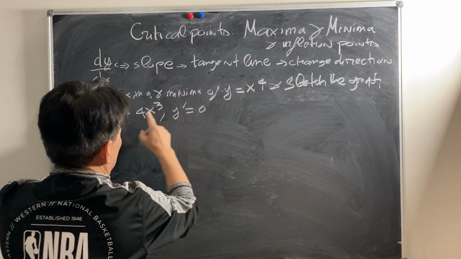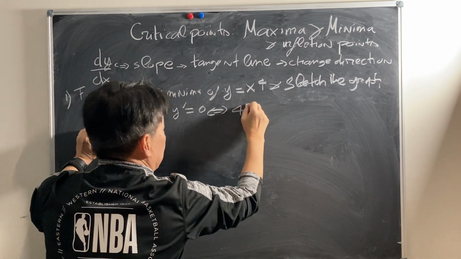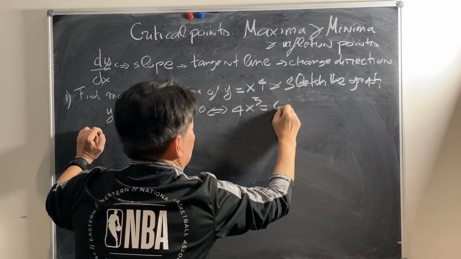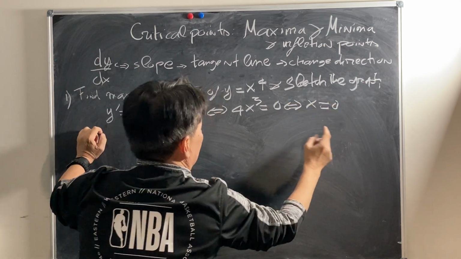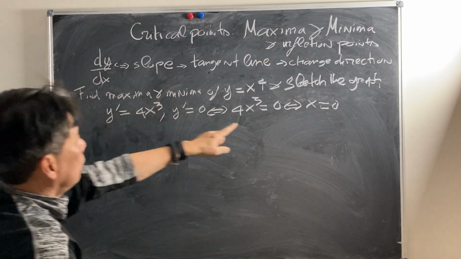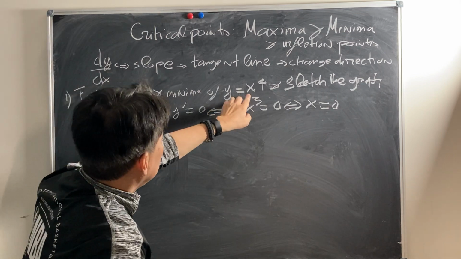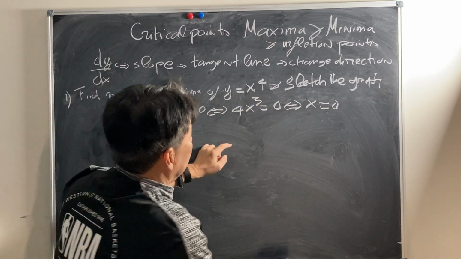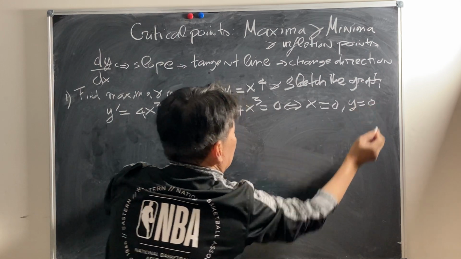So y prime equal 0, equivalent to 4x^3 equal 0. So equivalently x equal 0. Okay, so when x equal 0, if you substitute into the original function y equal x^4, then y also equals 0.